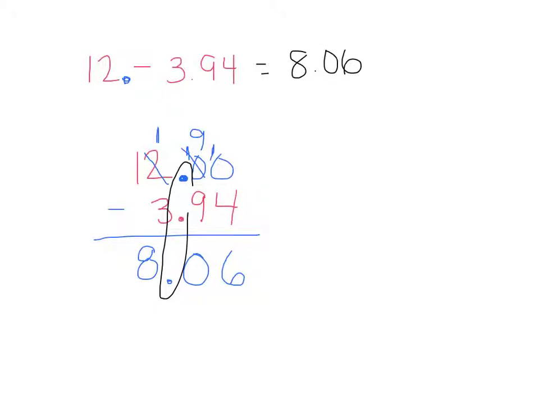Now this becomes a little bit more complicated when I start dealing with integers, because now I might have negative 12 plus 3.94. So in your head, you need to think, okay, I've got negative 12 plus about 4, so my answer should be right around negative 8. Since I have different signs, I'm going to need to subtract them.